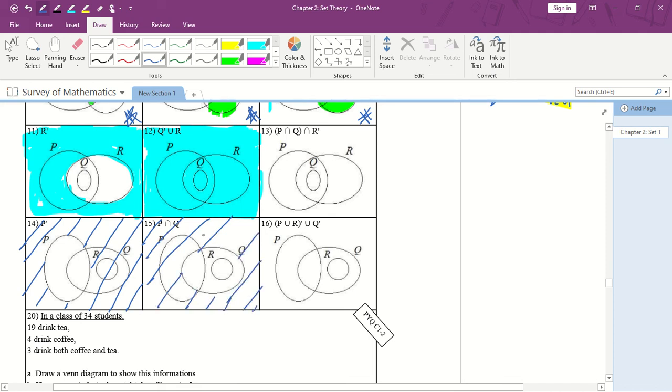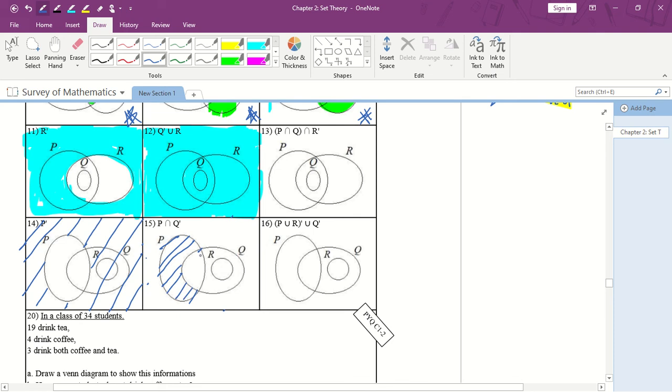And Q prime intersect P means that only include the place that it touches P. Out of this region, only include the place that touches P. So I can remove the things outside of P. Okay. It's kind of easy, right? These questions. But in exam, you should try to make it look nice.